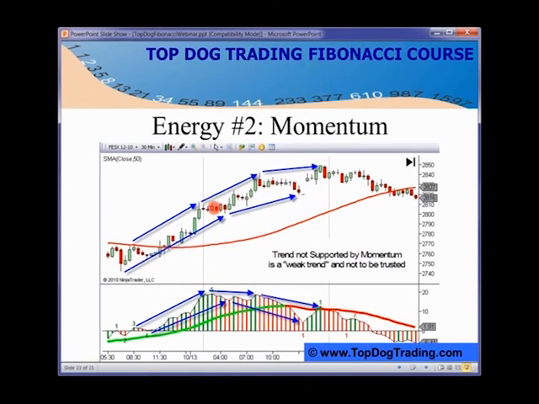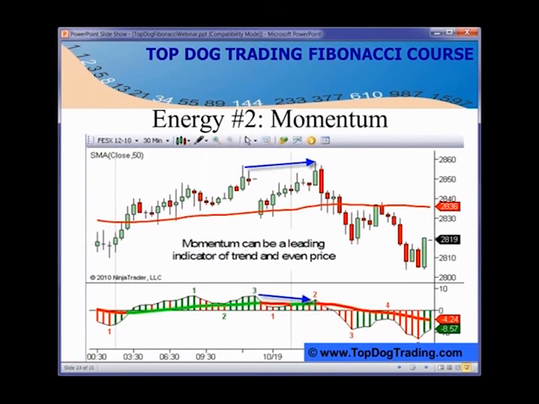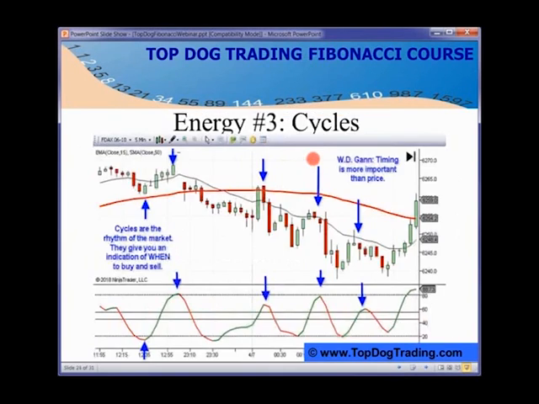Why? Because quite often markets slow down when they get to their tops. Okay, and there's a lot more we can talk about with momentum. It is a very, very powerful energy. I love it. Same thing here. It can be leading. A little higher high, lower high. Same thing here. Lower low. And that's the key, is to see both.